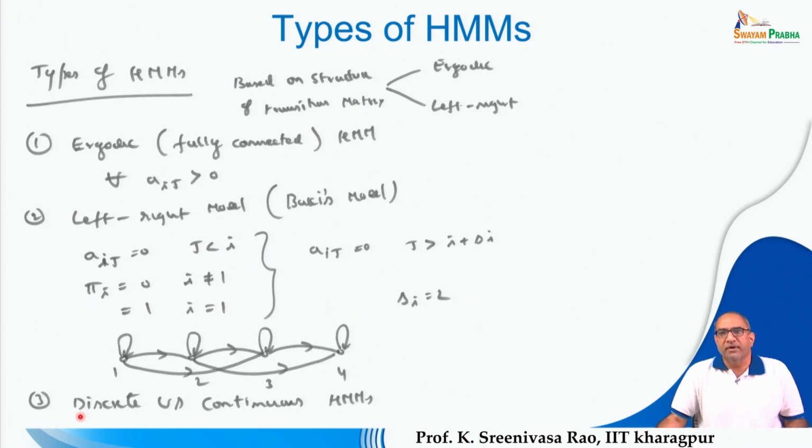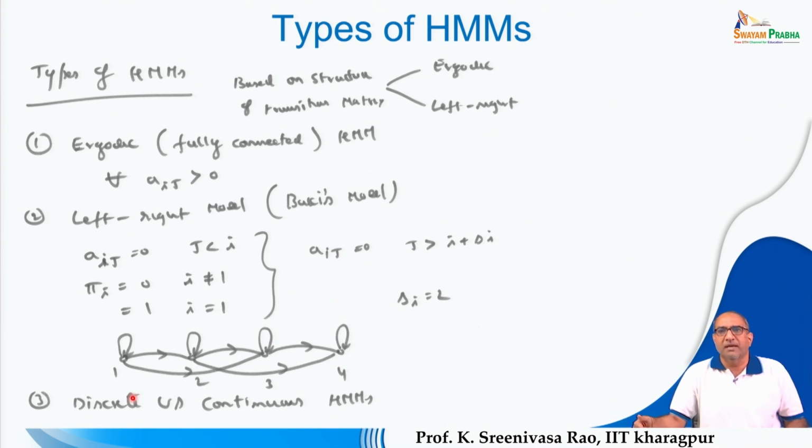Suppose you are using a vector quantization codebook of size 1024, then the observation symbols will be a maximum of 1024 only, but the input will be continuous. But when you use a discrete HMM or discrete feature vectors, there will obviously be some loss of information, because we are quantizing the continuous spectral vectors using a vector quantizer.